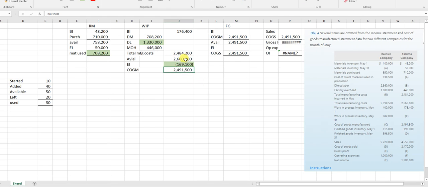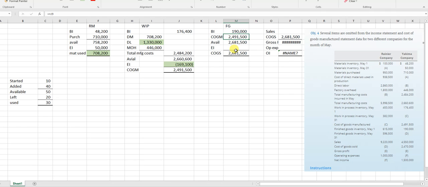So my 260,000, so I have 169,100. The computer program, Excel, just put that in brackets, but anyway. So then my finished goods inventory is 190,000. That gives me finished goods inventory.